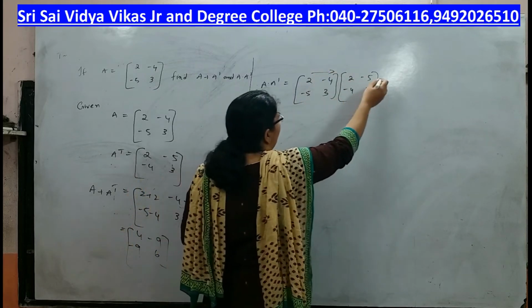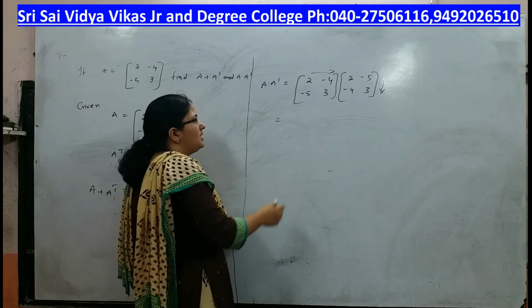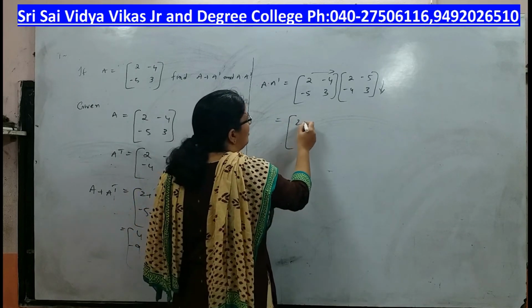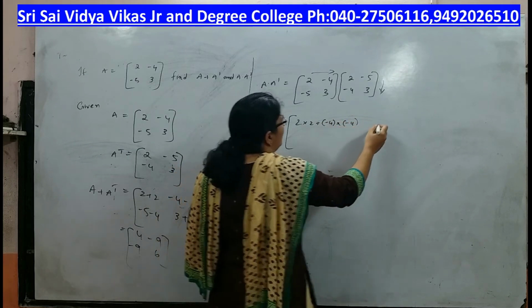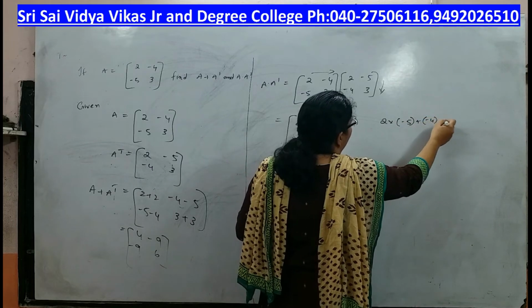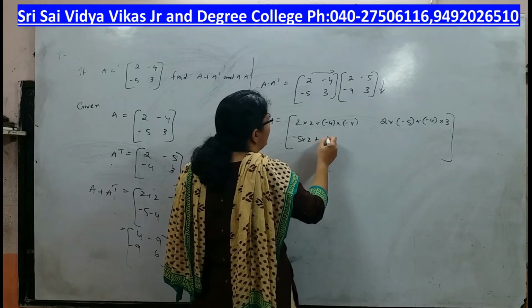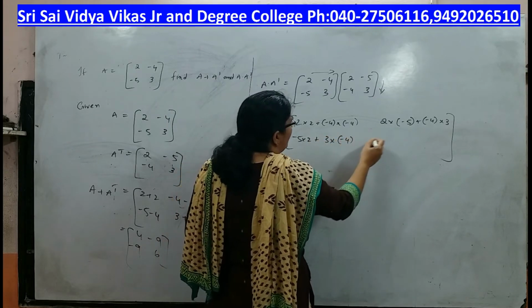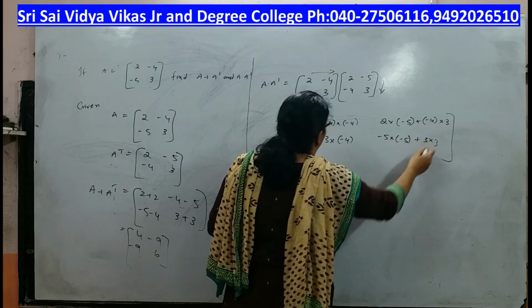First row first column, first row second column, second row first column, second row second column. This is how you will multiply. 2 into 2 plus minus 4 into minus 4. 2 into minus 5 plus minus 4 into 3. Minus 5 into 2 plus 3 into minus 4. Minus 5 into minus 5 plus 3 into 3.